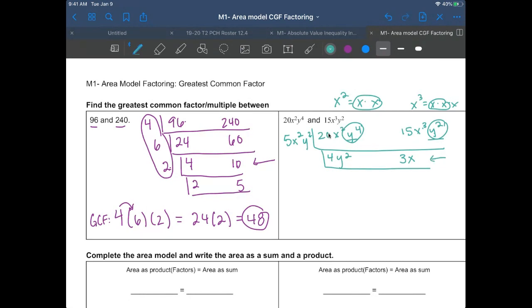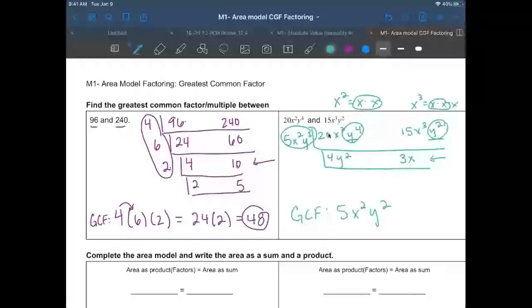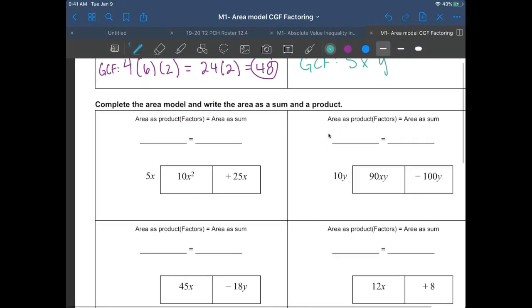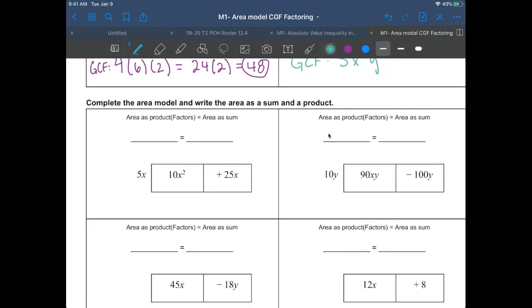No. So our greatest common factor, or GCF, is 5x squared y squared. That's the most amount of stuff I can divide out of 20x squared y to the fourth and 15x cubed y squared. All right, so we're going to use that skill today to basically unfactor a binomial.